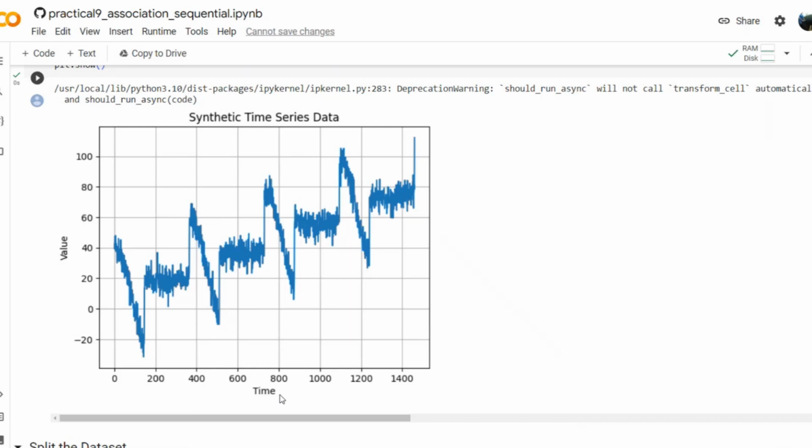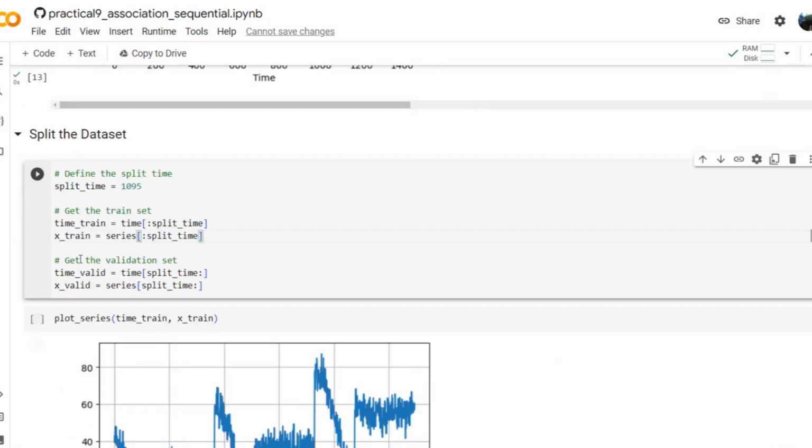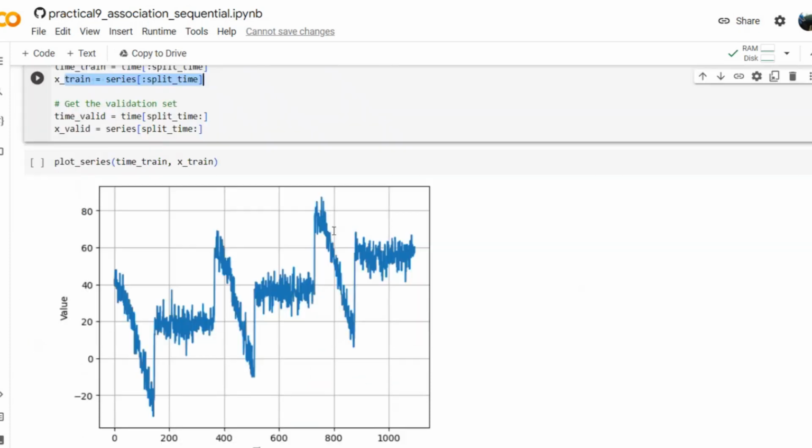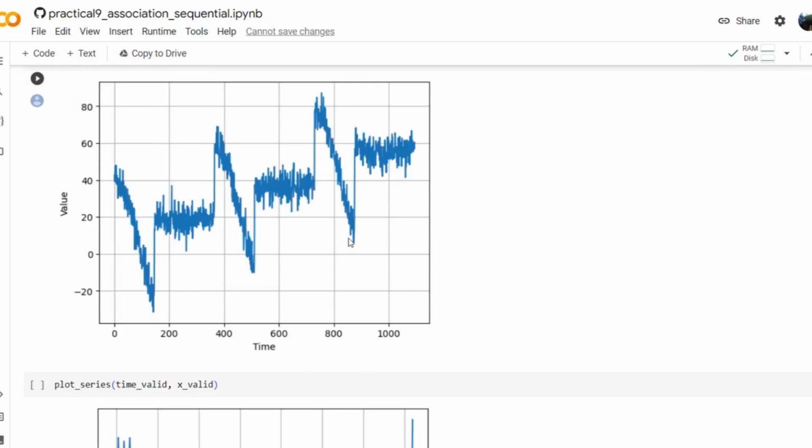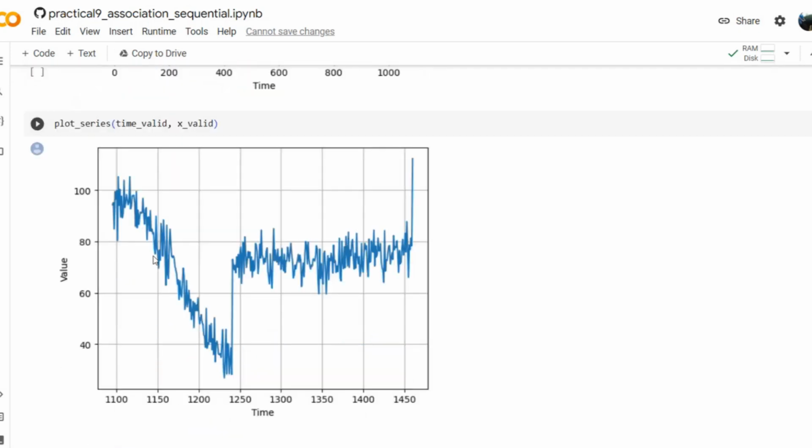So you need to have time while you are recording your information. So here we split our time for the training data and the time for validation, and the same for the actual data for training and validation. If you draw the training data, you have 3 complete seasons, and then 1 season for the validation set. Okay?